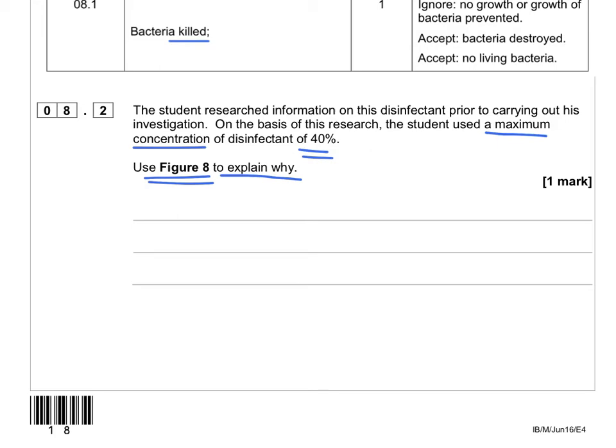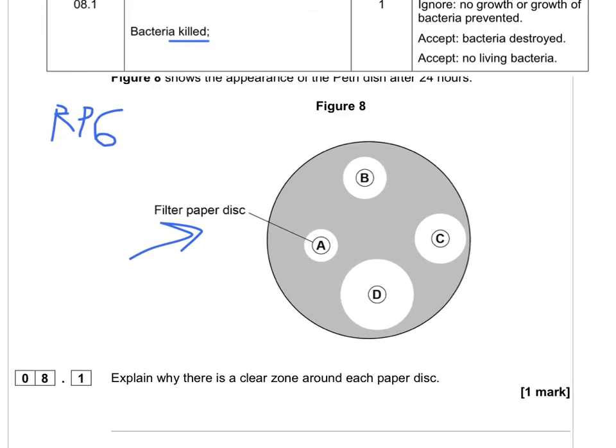Okay, so let's look at figure 8. If you look at the clear zones, for example in D, if he used a higher concentration, there would be a larger kill rate of bacteria. So D would spread into A, and A might be larger, and then with C, there'd be overlap.